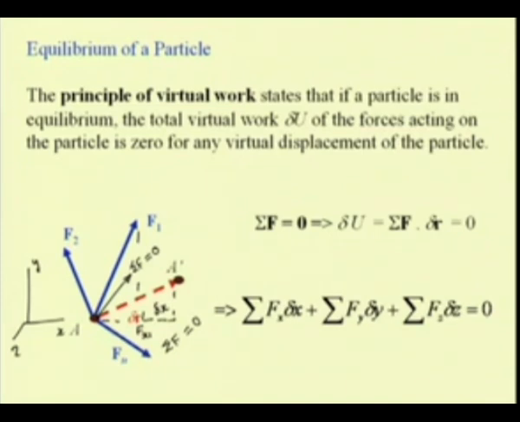This summation has to be 0 and this gives you the 3 equations which can be used to find the components of say some of the unknown forces.